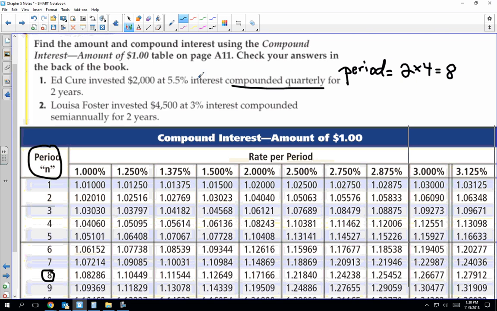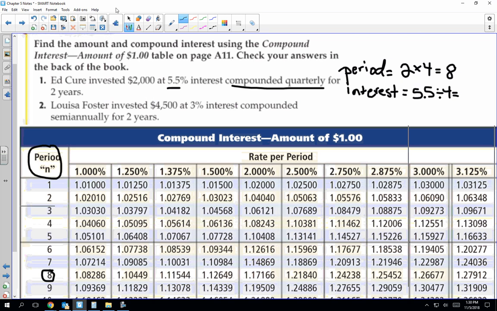And then we need to calculate our interest. So that's our percentage, which for us is 5.5. And we're going to keep it as a percentage because in the table it's written as a percentage. Divide that by how many periods are in one single year.